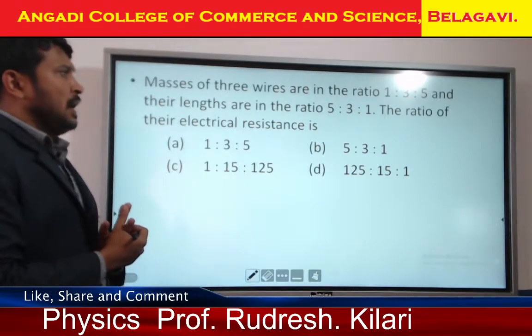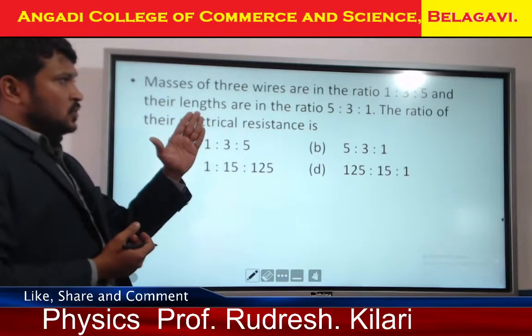First they have given the mass ratio 1 is to 3 is to 5.